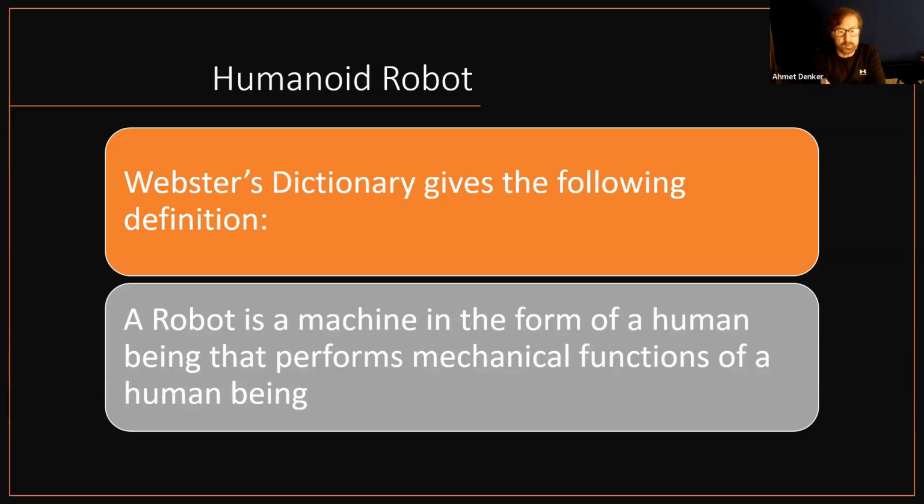It should be in the form of a human being. A robot does not have to be in the form of a human being. It can be in the form of an animal, a car or anything else, or it may be in a form which we did not see before. But if we are going to call it a humanoid, it has to be in the form of a human being.